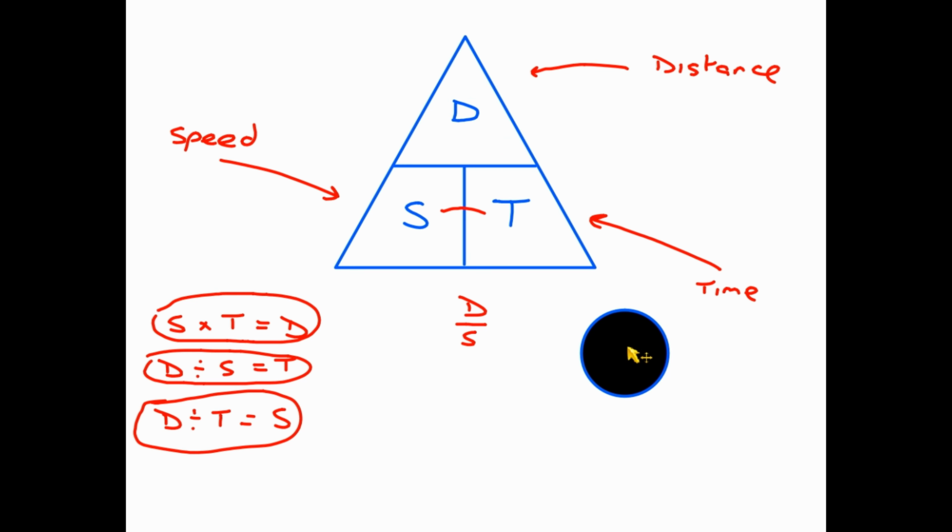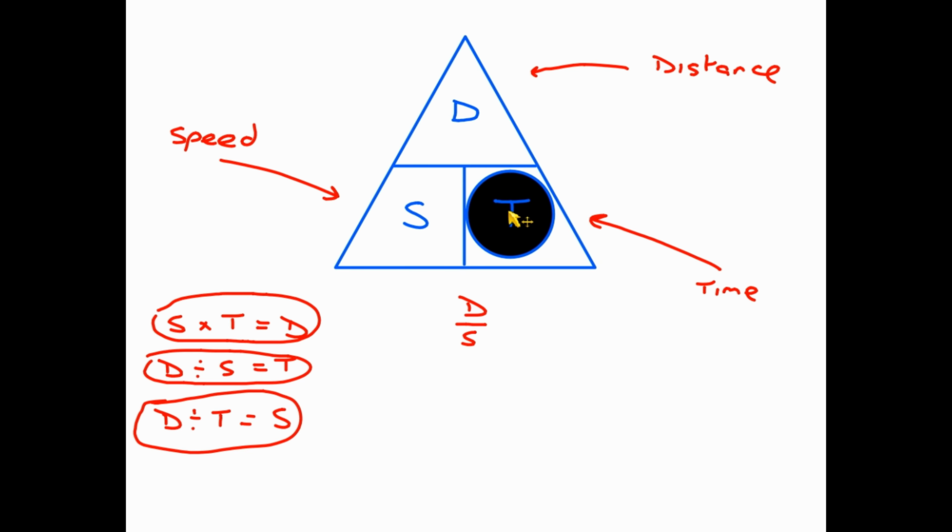To summarise again, what are we doing? We are looking at an exam question whereby you are being given two units. You are either given distance and speed and asked to find the time, or speed and time and asked to find the distance, or time and distance and asked to find the speed. You are given 2 out of 3. So what we are simply doing is asking, which one am I looking for?